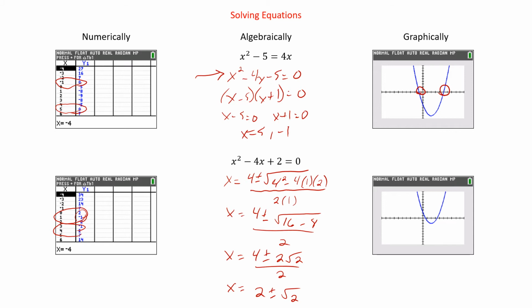Again, sometimes you just can't solve it algebraically, and sometimes really close is actually good enough. If we were cutting a board to length and we needed it to be 2 plus root 2 feet, how accurate is that cut really going to be? Like 1 or 2 decimal places is all you would really need for that. So there are times when you don't need to be super accurate, but in math, most of the time we do like those exact answers.